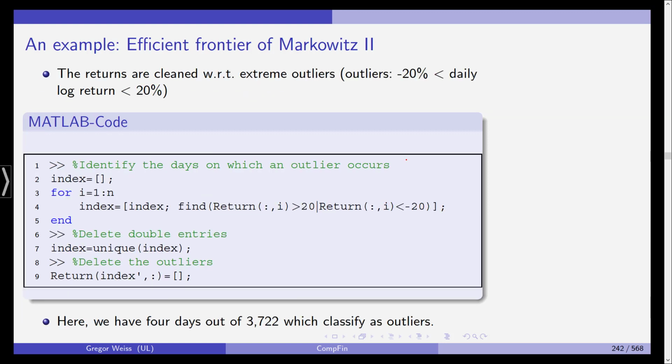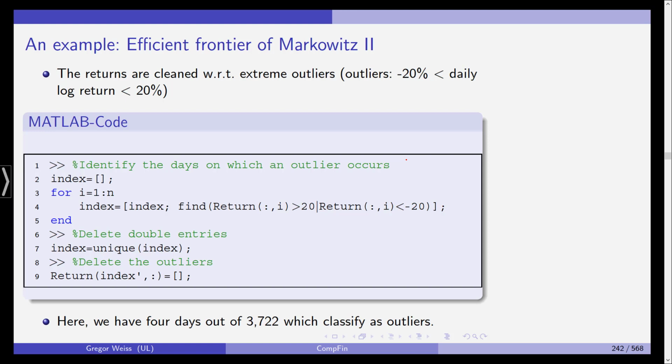Now the returns are then cleaned with respect to extreme outliers. We are doing this because we don't want our portfolio optimization being influenced by extreme outliers, for example, plus or minus 20% on one day.